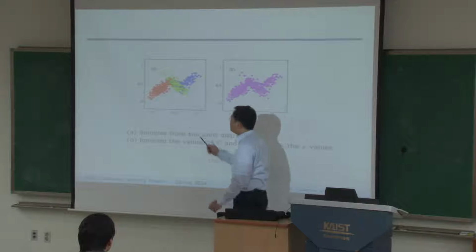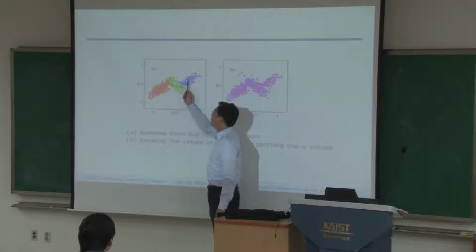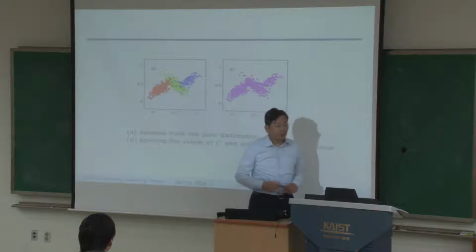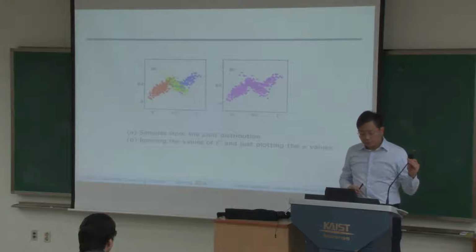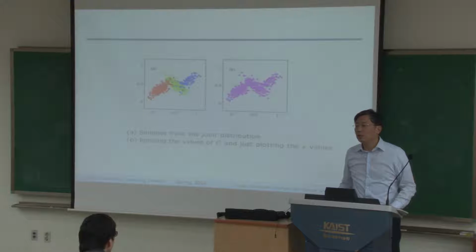So there'll be a Gaussian on this one, Gaussian on that one, and Gaussian on that one. And I'm going to model the distribution as a Gaussian mixture model. Okay? Gaussian mixture model meaning that it's composed of three Gaussians linearly weighted.